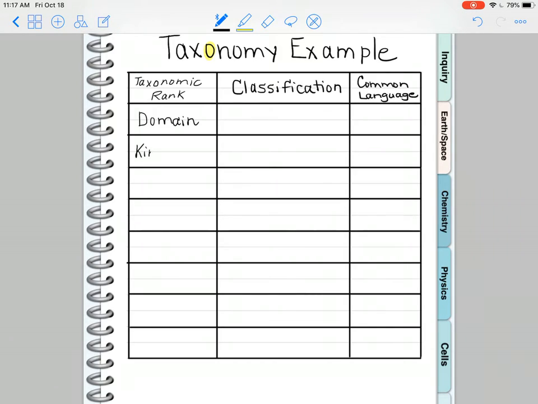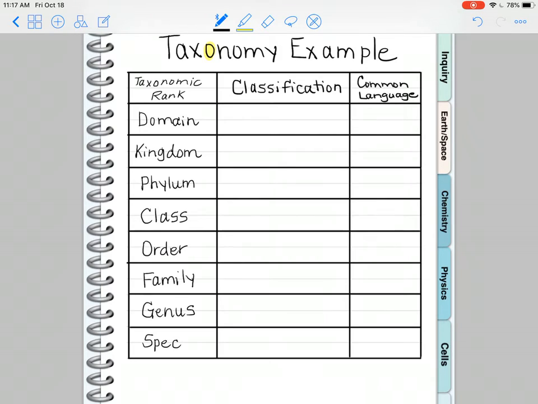And then we have kingdom, phylum, class, order, family, genus, and species. So I'm going to give you the clues, and we are going to figure out what this living thing is that goes in that last slot there.